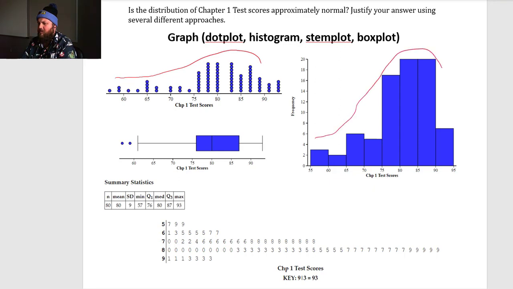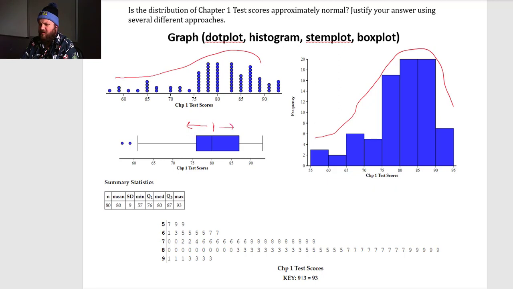Kind of going, could be symmetric. It's not too apparent to be skewed left, but it could be. And then same thing with our box plot. As you can see, the median is over this direction, yet you have this other data going this way. It's a further stretch compared to the stretch going to the right.